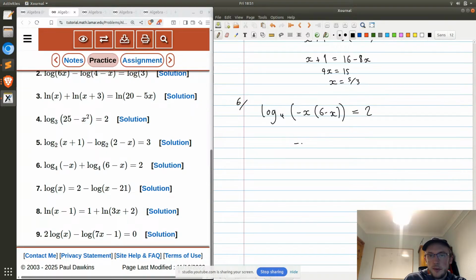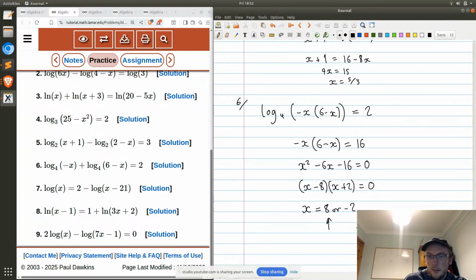So we're going to have negative x, open bracket, 6 minus x equals 4 to the power of 2, which is 16. And then expand, x squared minus 6x. Bring that 16 over, so we get minus 16 equals 0. Factorize it just like that. And get your supposed solutions.